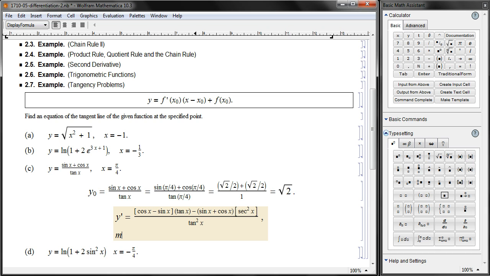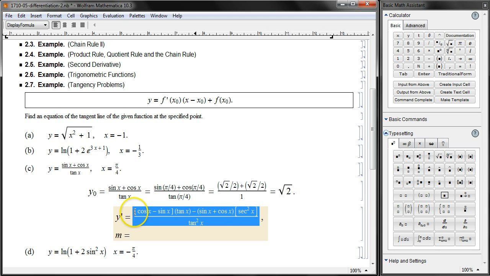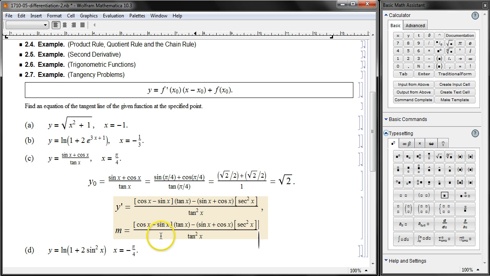Therefore, the slope is this thing evaluated at x equals pi over 4.